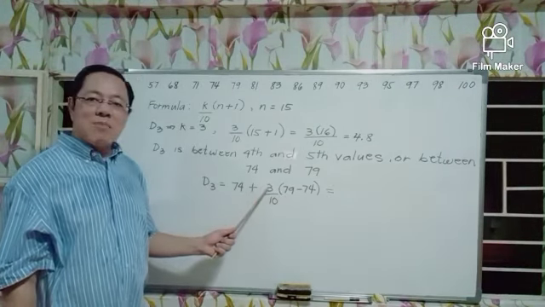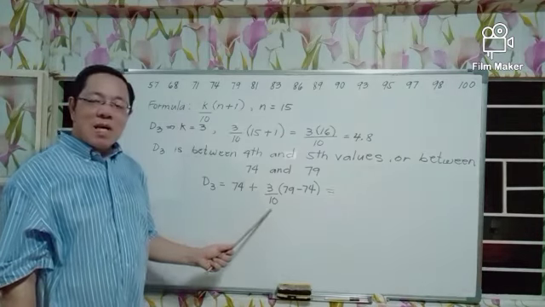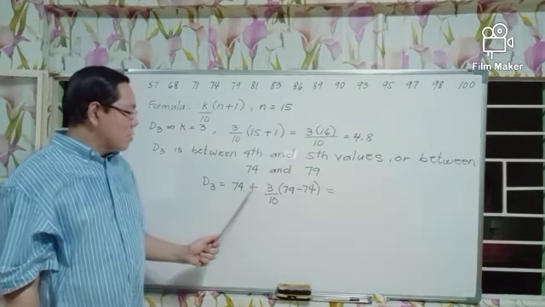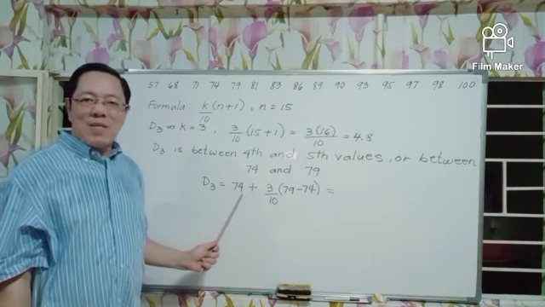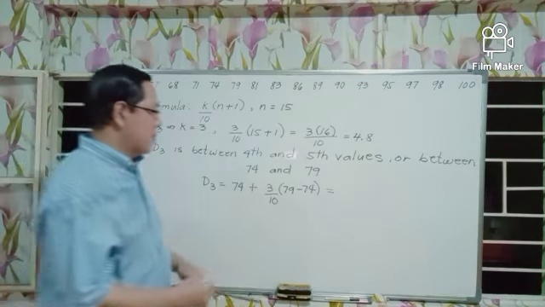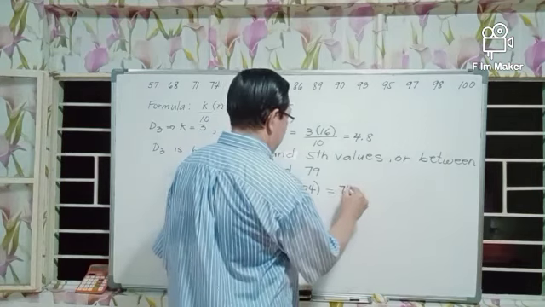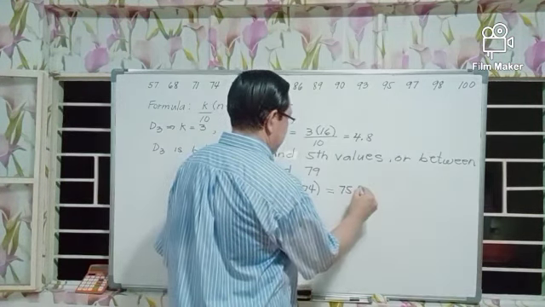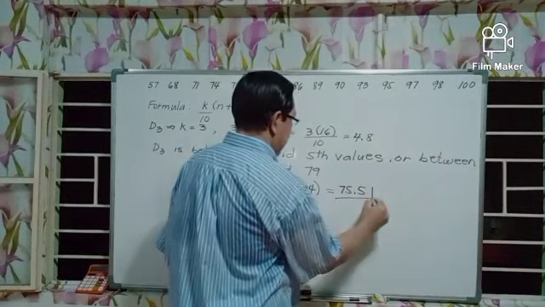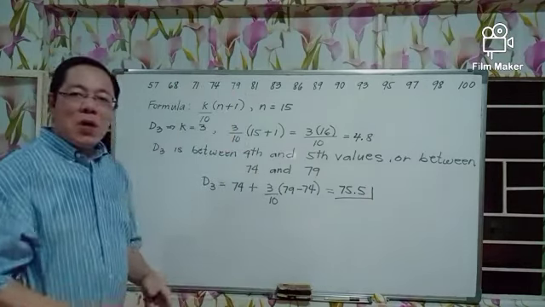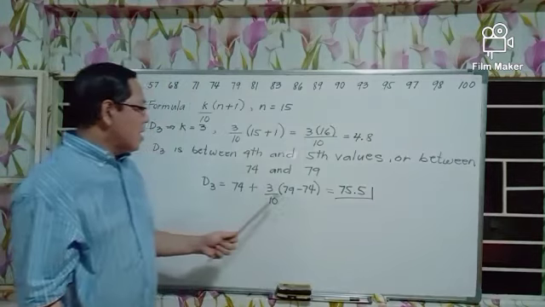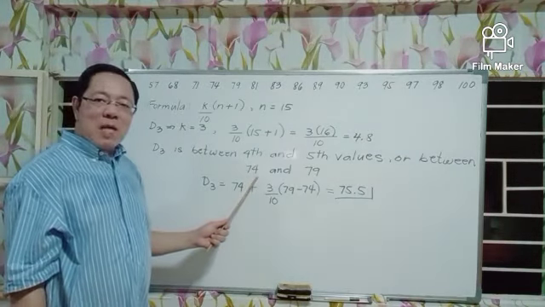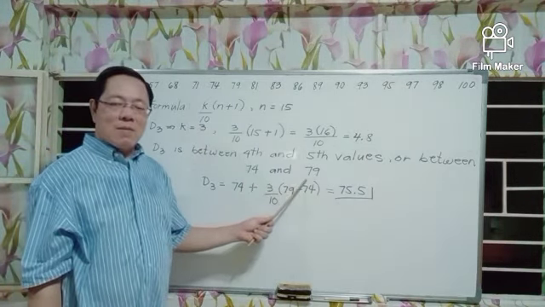Multiplied by 3 is 15. Divided by 10 is 1.5. So to 74, we add 1.5 and we get 75.5. The value of the third decile is 75.5, and it is between 74 and 79.